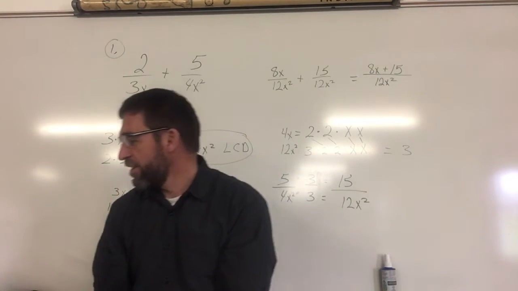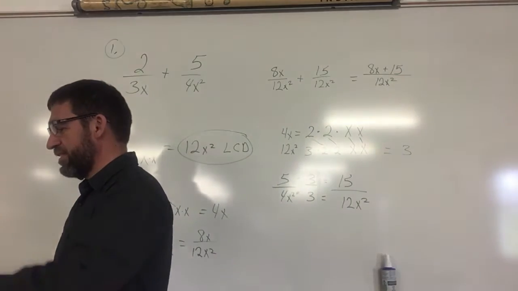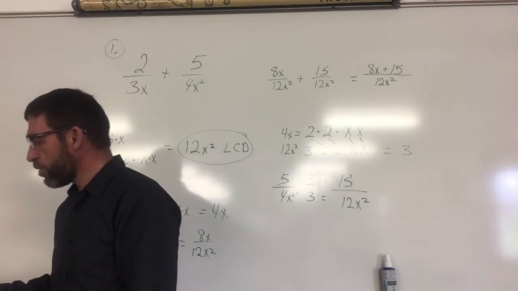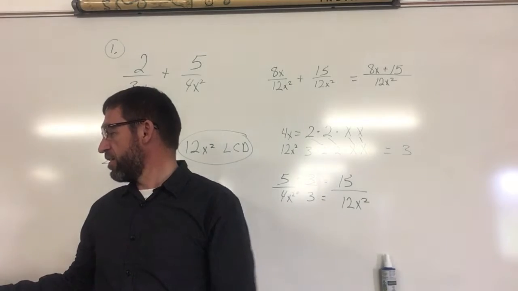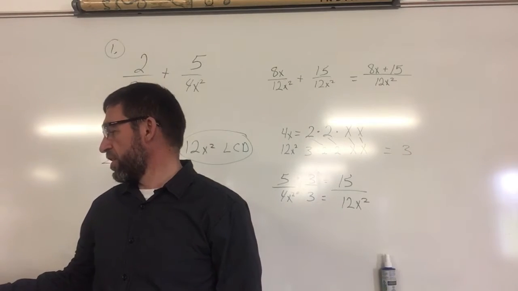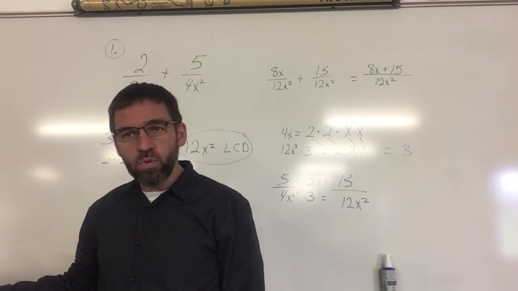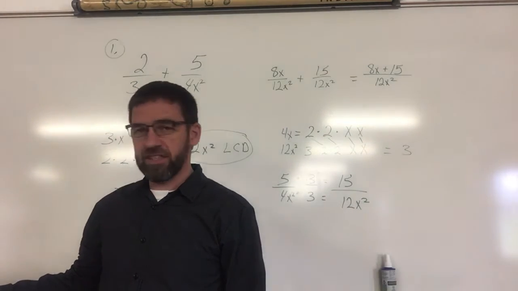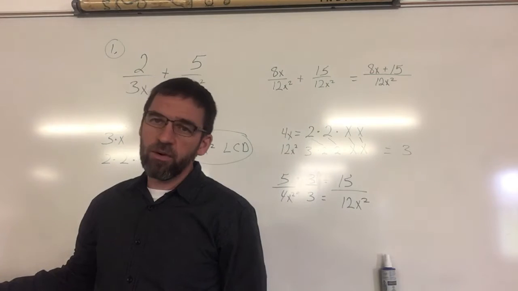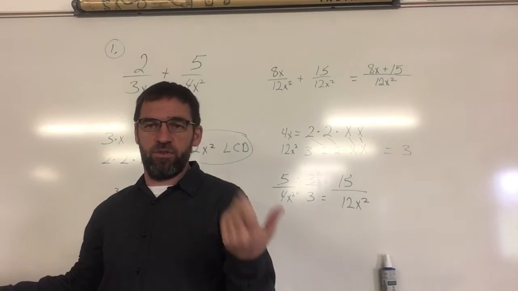We are ready for math lesson 9.3, adding and subtracting rationals with unlike denominators. You work down through your examples. That will be the easiest way for you to understand this.